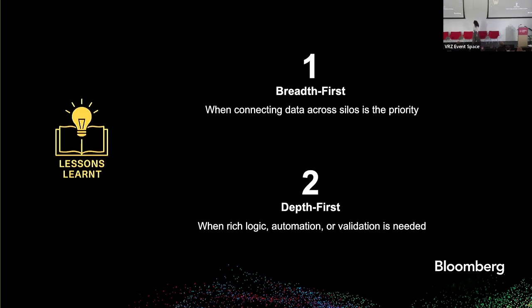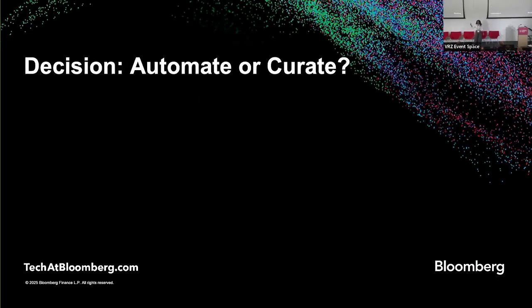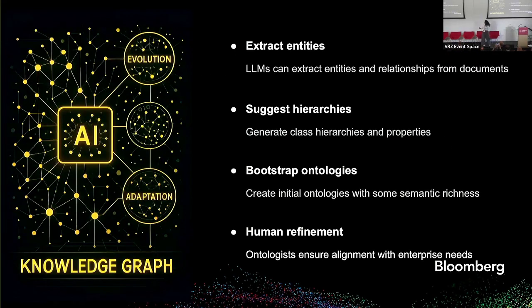I'm also mindful of time. So, automate or curate. Yes, we're going to use LLMs. Yes, they're not going to give us a good ontology. I'm sorry, but we're not going to ignore the fact that we're going to use them. And they're a good start. They can give you some entities, some relationships, some hierarchies, but they do not replace the ontologies.